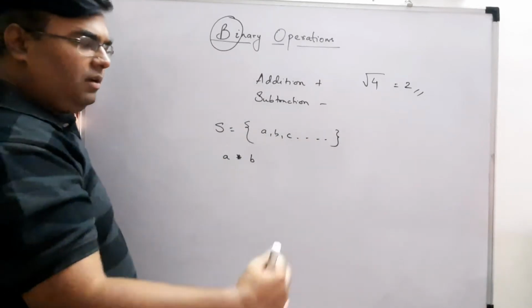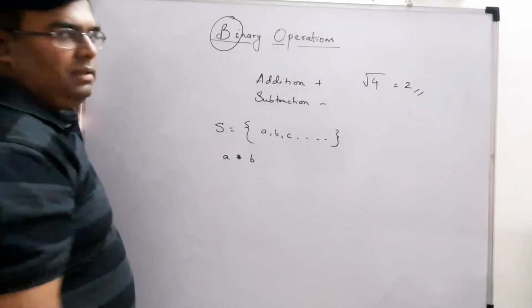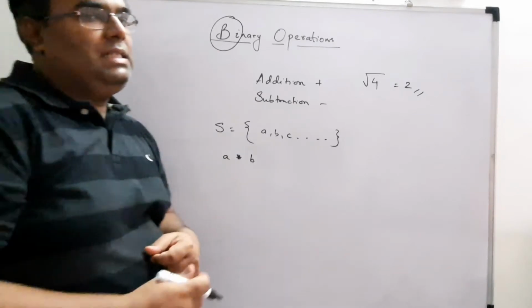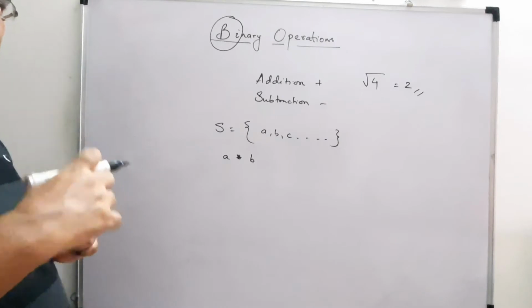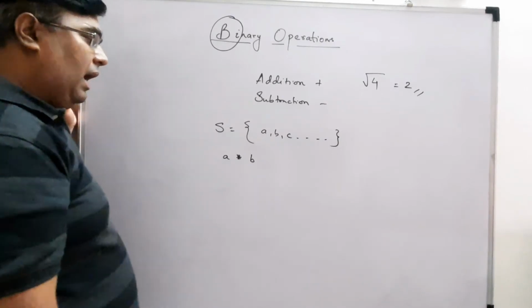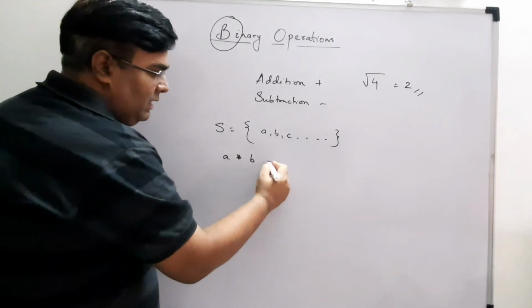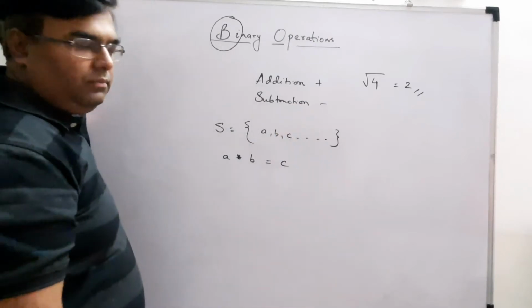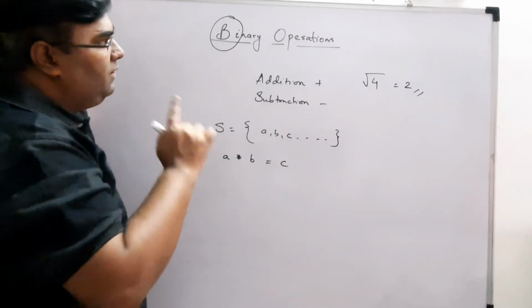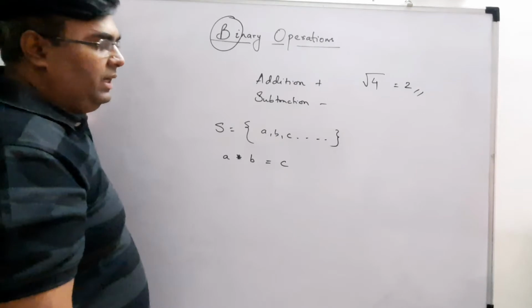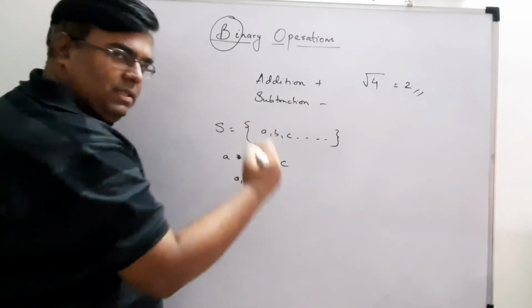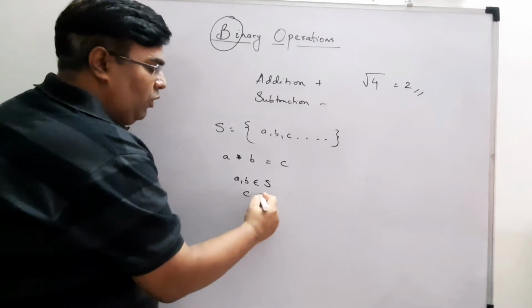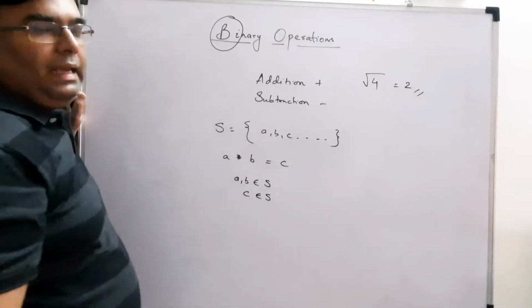So in general we like to mark the symbol of that operation as star. A star B means A and B are going to be operated together, and suppose the result is C. So the condition for binary operation is that A and B belong to S, C should also belong to S.